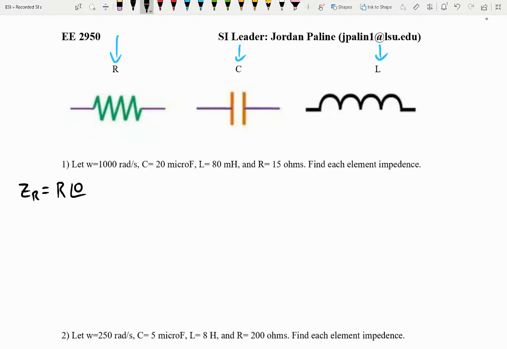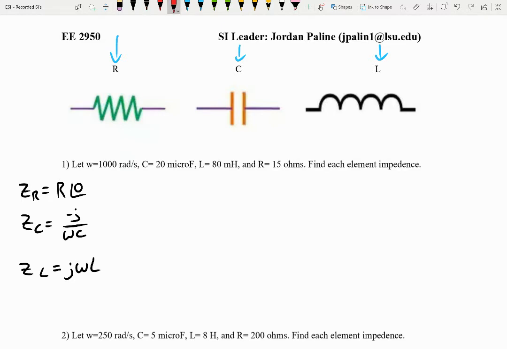Z C is going to be equal to, I like to do negative J over omega C. Then Z of L will be J omega L. All right, so we can just write all these out.